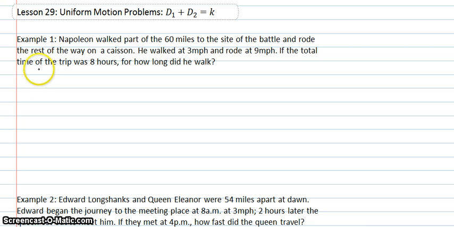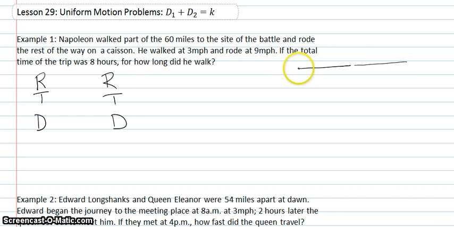Alright, so what we have are two rates, times, and distances. And if you want to think about it in terms of maybe a picture, see this first leg of the trip, he was walking, and then the second leg he was riding, but the total trip is still going to be the 60 miles.